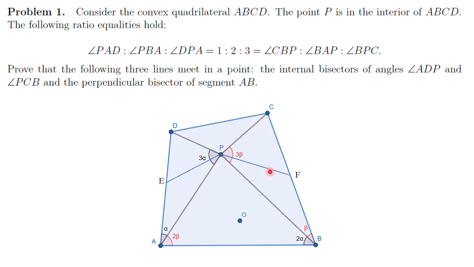So similarly, by splitting into beta and 2 beta here, the angle bisector over here is the same as the perpendicular bisector of PF. So what we want to show is that the perpendicular bisector of PE and PF and the perpendicular bisector of AB, they all meet at one point.